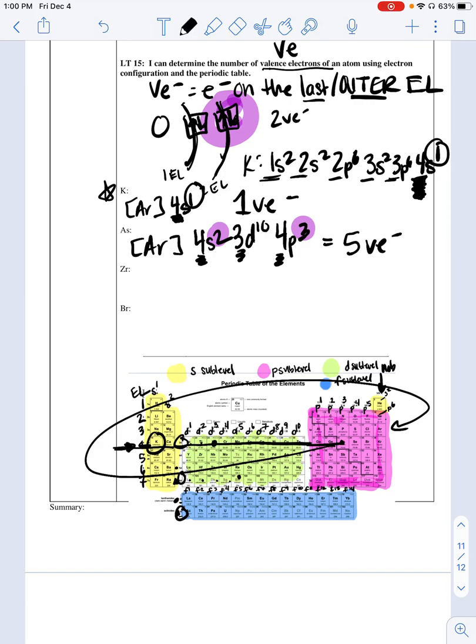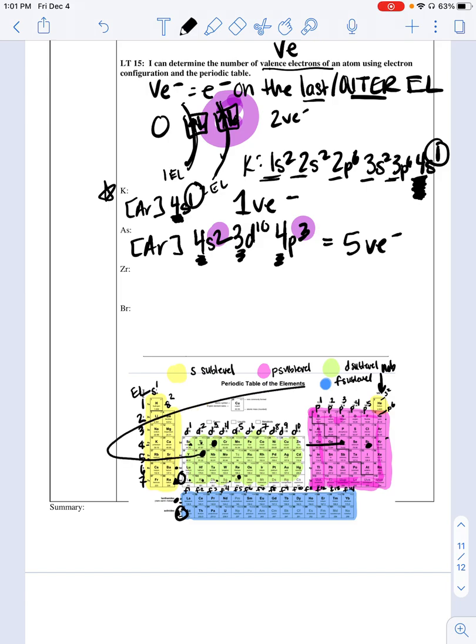All right, let's do one more. Let's do bromine, which is right here. Actually, I'm going to do zirconium. I lied to you. Where's zirconium at? Here it is.